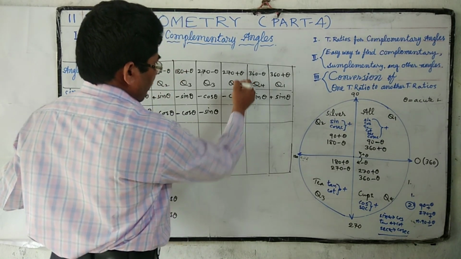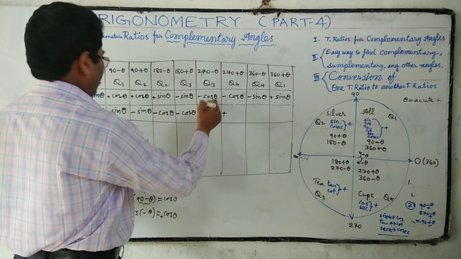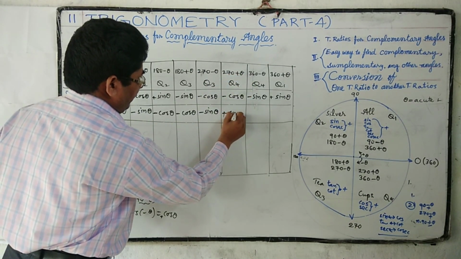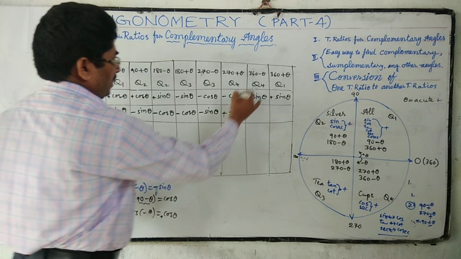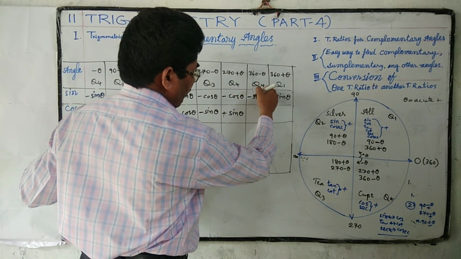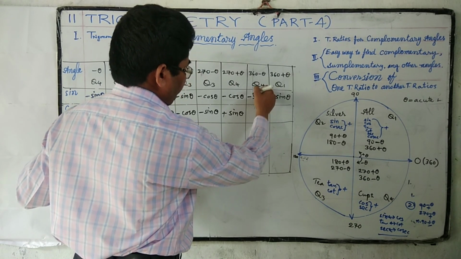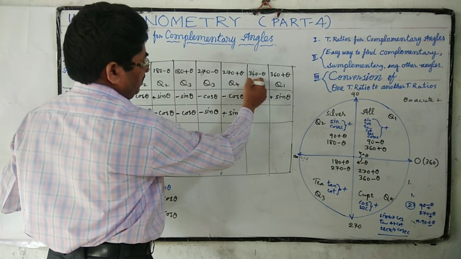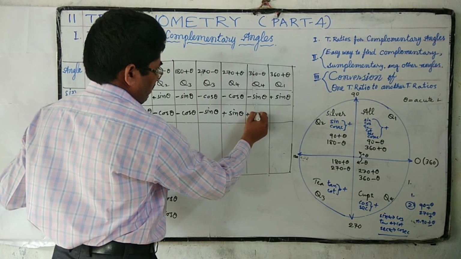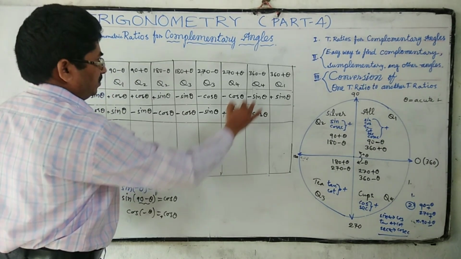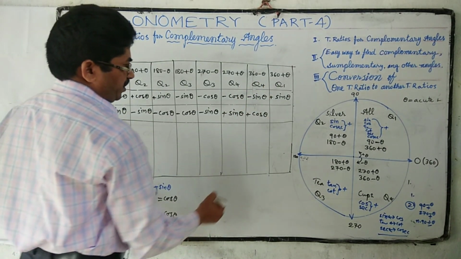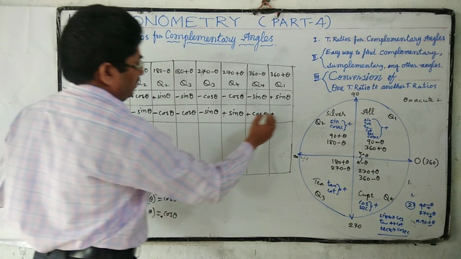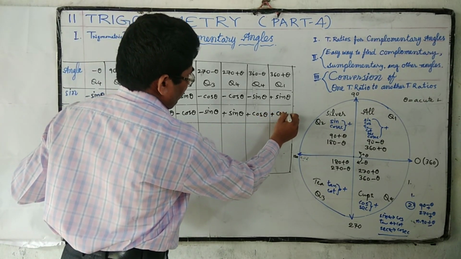This is the fourth quadrant, plus. Cos 270 plus theta is plus sin theta. 360 minus theta, fourth quadrant all silver T cups, plus, no need to change the function, because this is 360 minus theta, cos theta only. Next, 360 plus theta, first quadrant all positive only, so plus, no need to change the function. So that's why cos theta only.